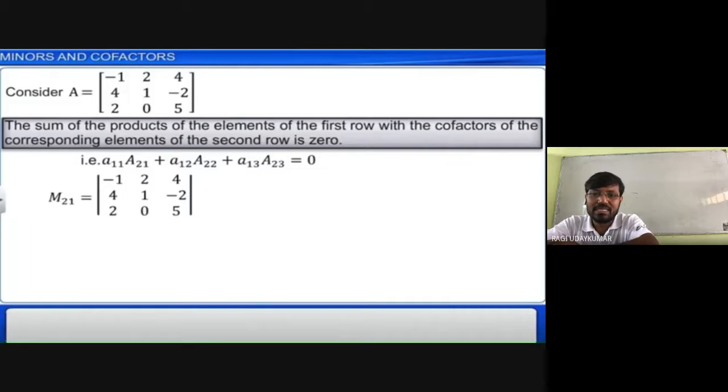So now we'll see M21. M21 is the minor we are finding. First we have to find A21, and for that the minor is needed. So we will find the minor here. The minor of the second row, first column means delete the second row and first column. The matrix we get is 2, 4, 0, 5. The determinant of this matrix is 10.